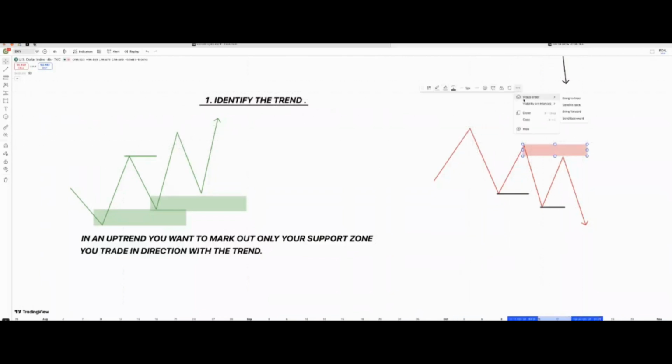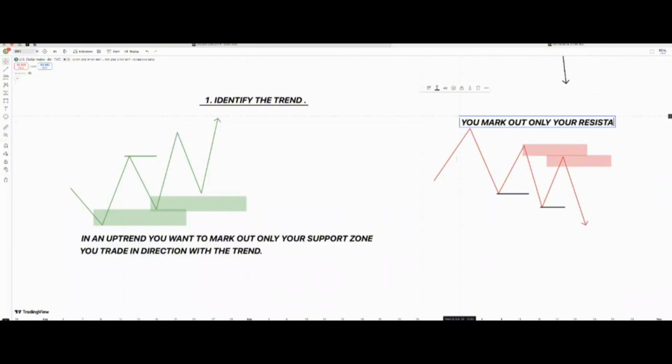We expect price to take out the lows and respect the highs. So in a downtrend, you mark out only your resistance areas.